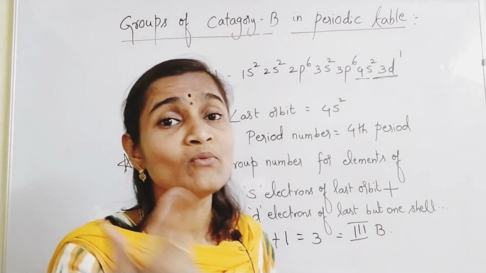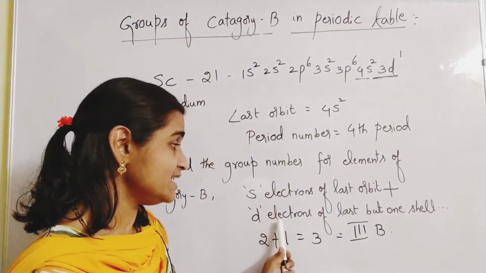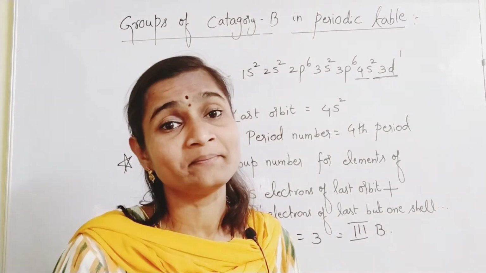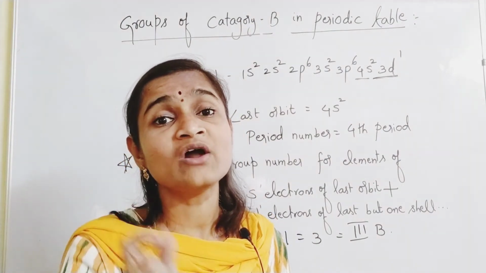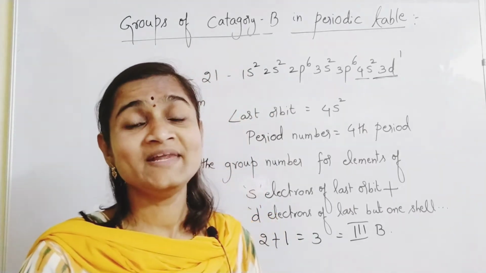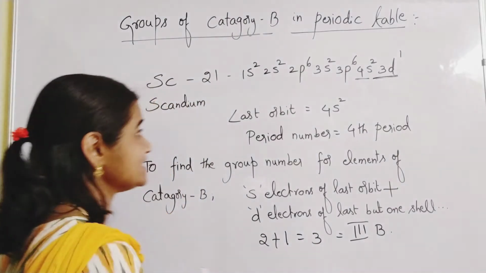Even if you get more than 8 by adding the s electrons and d electrons, you should write the group number of that element as the 8th B group only. Please understand carefully what I am saying. Let us see some examples.